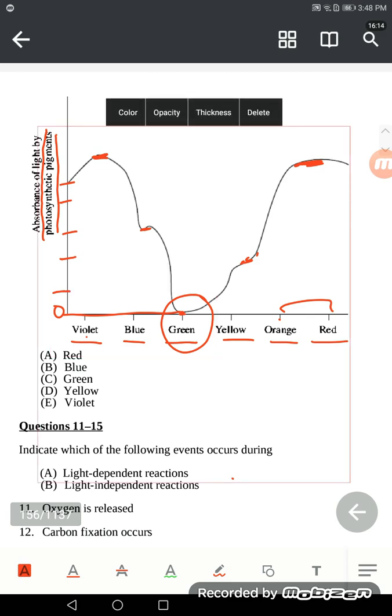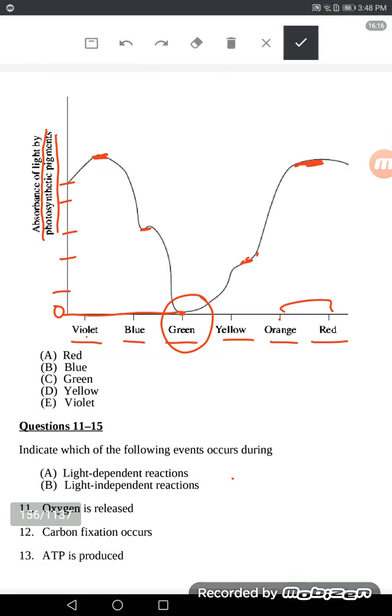So the answer for the question will be C. It will be green. It's the color that's reflected. So the substance that we have is a green-colored substance that reflected the green color of the sunlight while it absorbed all of the other colors.